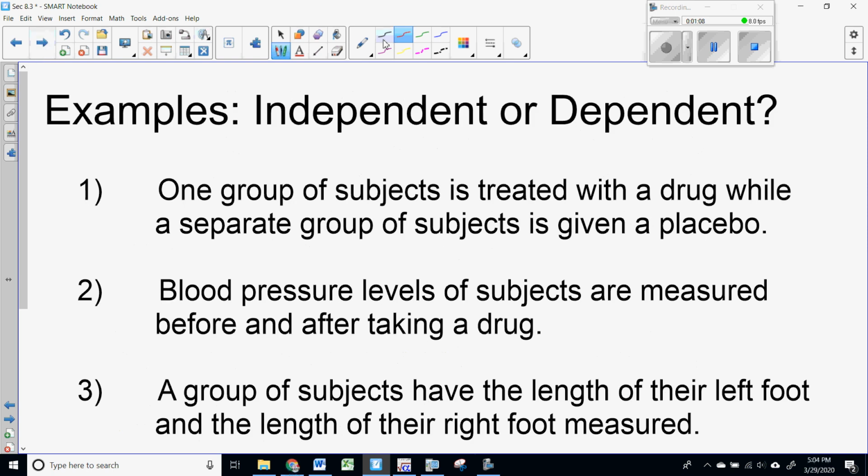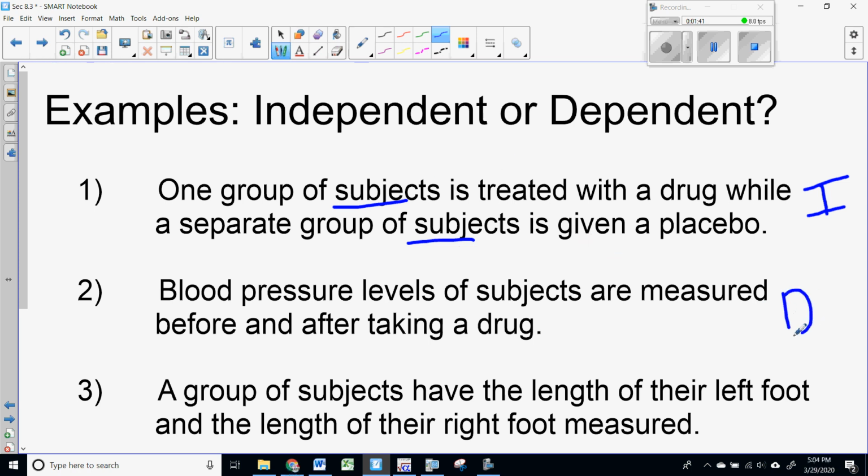So just to refresh our memory on the difference, are these examples independent or dependent? One group of subjects is treated with the drug while a separate group of subjects is given the placebo. This is going to be independent. The one group is unrelated to the other group. The second one, blood pressure levels are measured before and after a drug is taken.